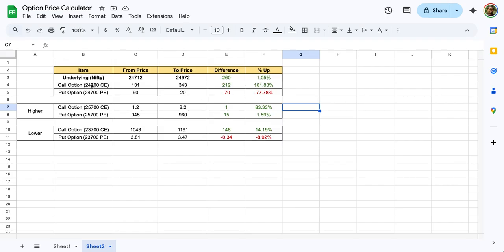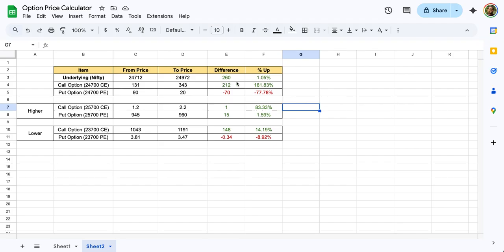But the call option for the 24,700 strike price went from 131 to 343, which is around 212 points, up by around 161%. The put option, on the other hand, went down from 90 to 20, which is negative 70, so minus 77%.